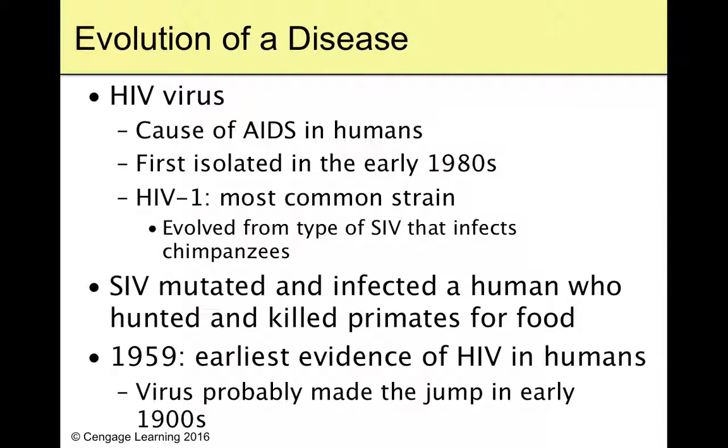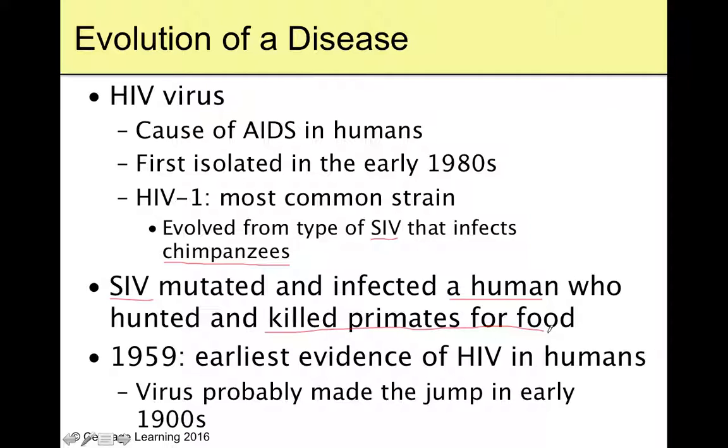They most likely, if not certainly, evolved from a type of simian immunodeficiency virus, that's SIV, and that infects apes, especially chimpanzees. And so what we're thinking this probably looked like is SIV was mutating and spreading throughout monkeys, chimpanzees, apes, and it probably infected a human who was hunting and killing these primates for food.